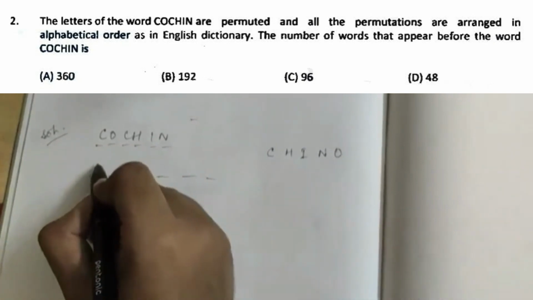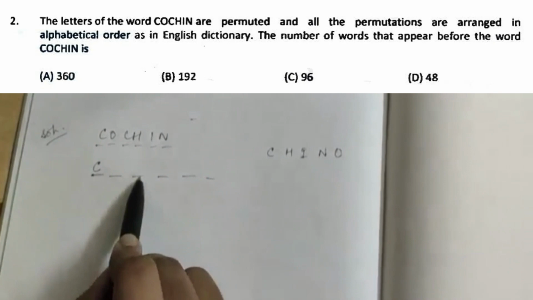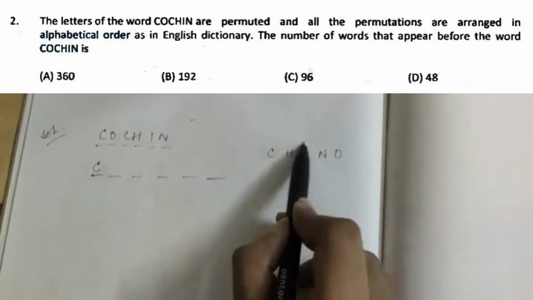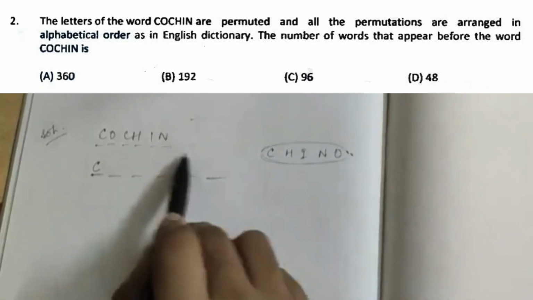So in this first case, let me put this C as a constant. So there are 5 places remaining, and in the 5 places all these letters can play by themselves.